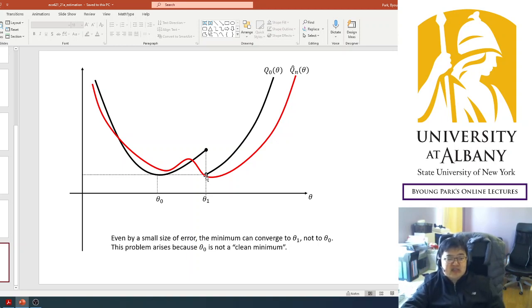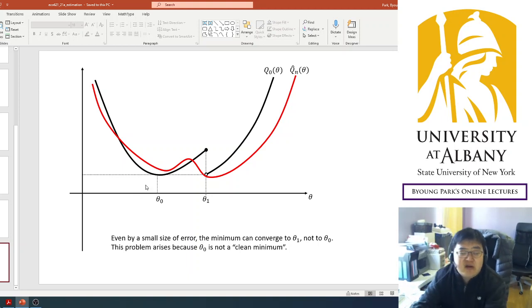So in this case, your estimator, the minimum will usually be taken here, but can be taken here. So in that case, your estimator will converge to theta 1, not theta 0. So if the minimum is coming from here, of course, in the end, it will converge to theta 1, not theta 0.